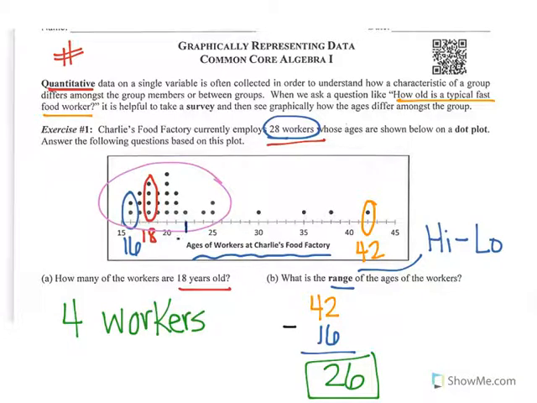So here's age 22, and there's one person that is 22 working at Charlie's Food Factory. And since only one 22-year-old is working here, that is not the majority. The majority of these ages is actually smaller than 22. Most of the workers are younger than 22.